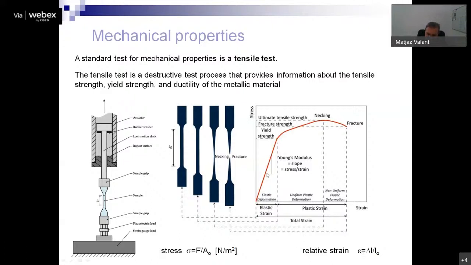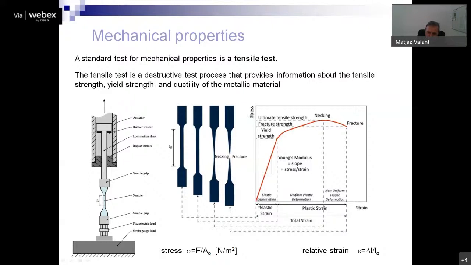So now we're going to go through this particular stress-strain diagram. As I said, we clamp this sample into the instrument and then start pulling it apart. Initially, the deformation, the strain, will linearly depend on the applied stress.